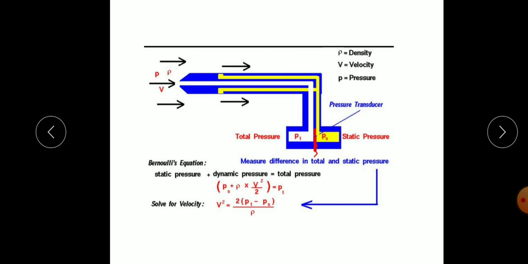The fluid passing through the center gives the total pressure, and the holes on the concentric side measure the static pressure. So this pressure differential can be used to measure the velocity of the fluid. Again, we can measure the difference at this point, where we measure the stagnation pressure.